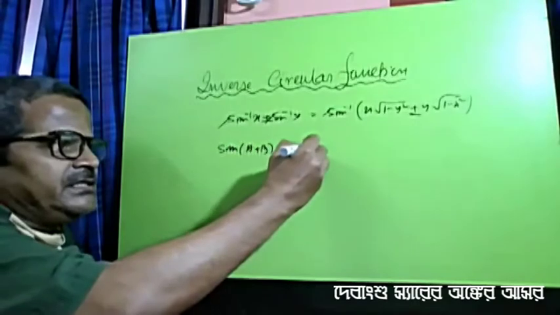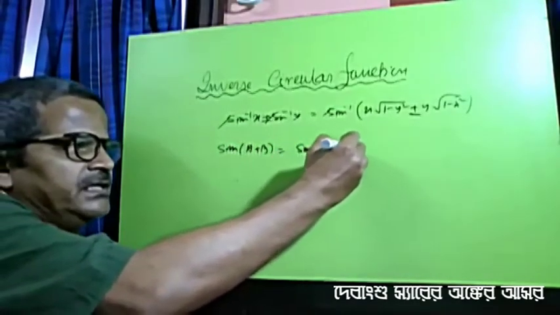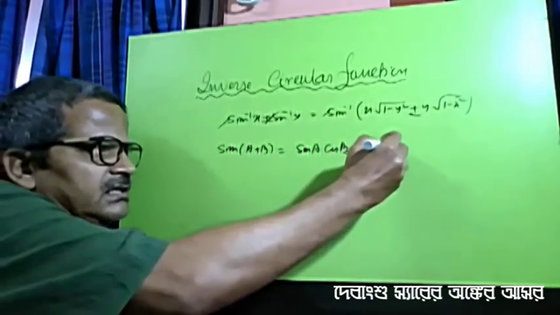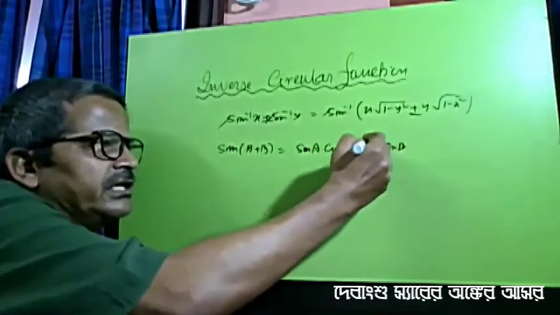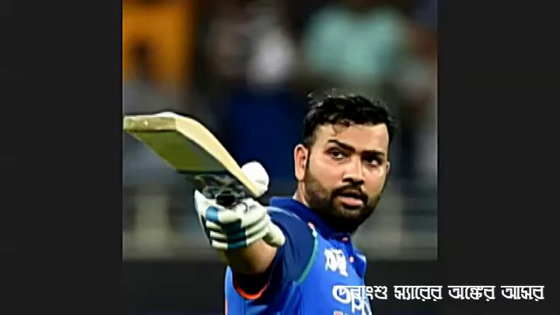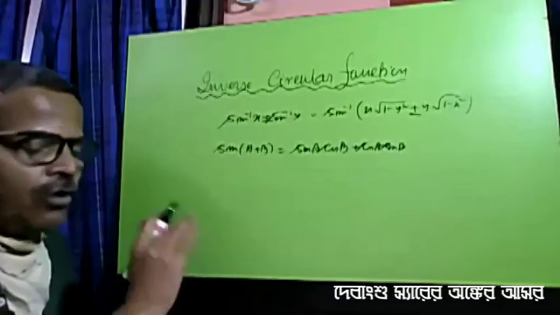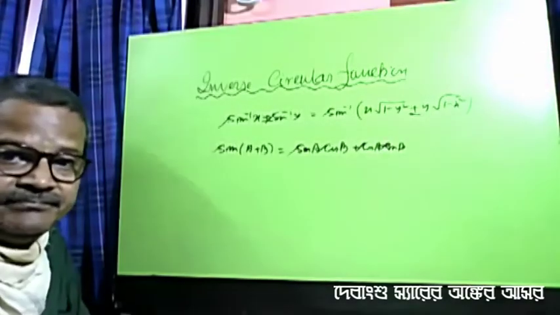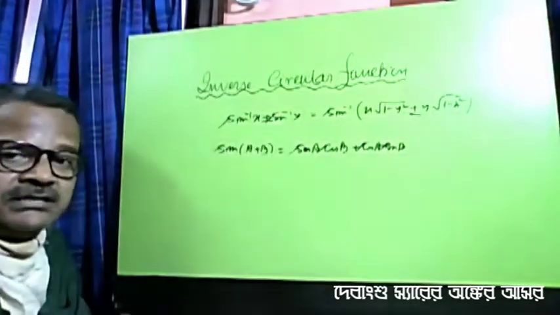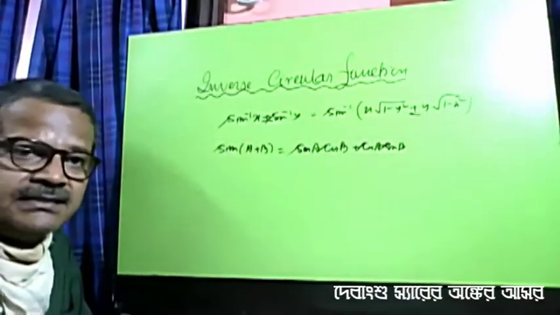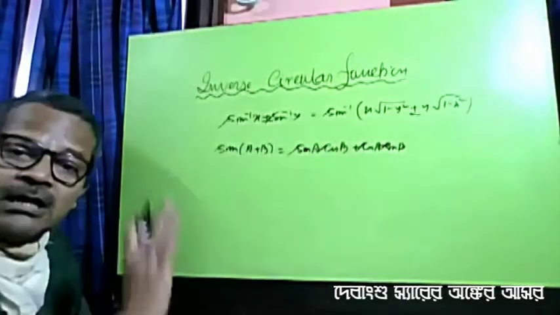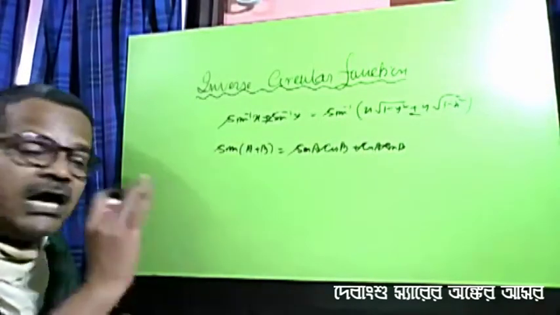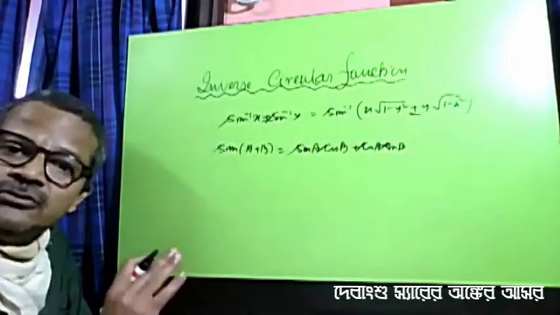Sin a plus b is sin a cos b plus cos a sin b. We know that. But we have to replace all other trigonometric ratios by sine, because we are considering the formula of sin inverse.